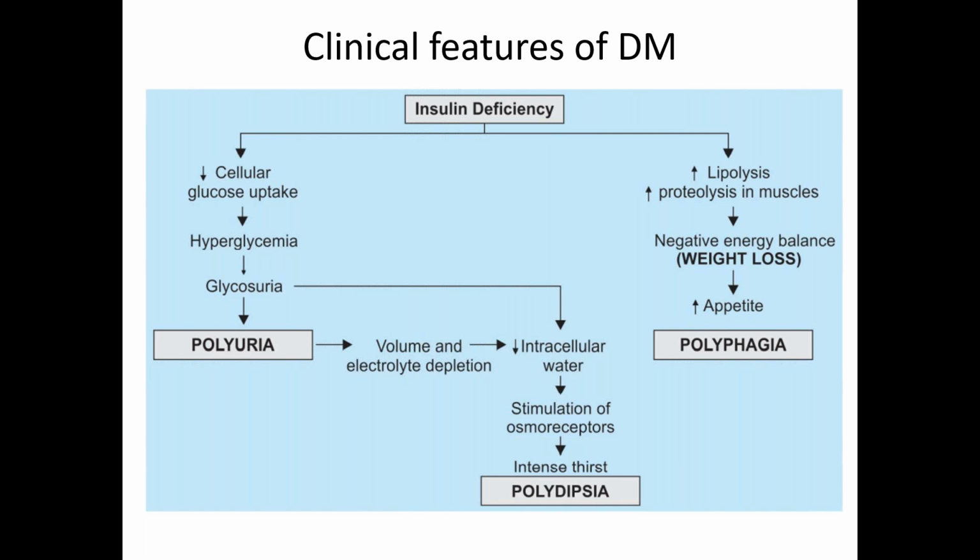There is lipolysis and proteolysis in the muscles. So this will lead to negative nitrogen balance, weight loss, and that stimulates appetite, that is polyphagia. So these are the pathophysiological causes of the clinical symptoms.